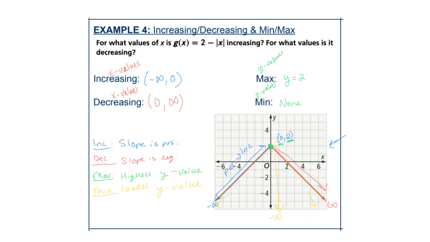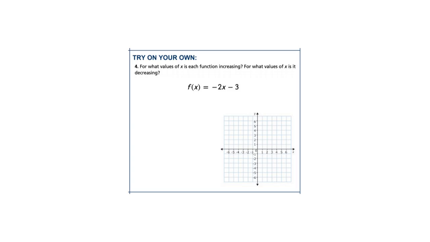All right, so what I'm going to have you do now is go to the next part where it says try on your own. What you'll have to do is graph this function. Again, it's a linear function with a slope of negative 2 and a y-intercept of negative 3.